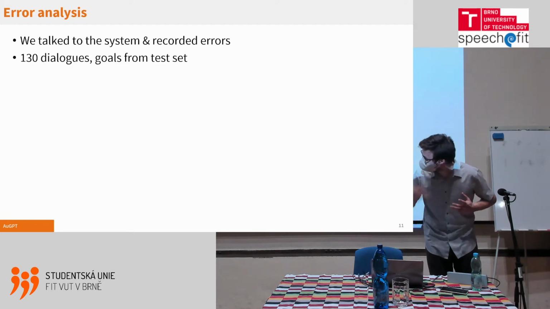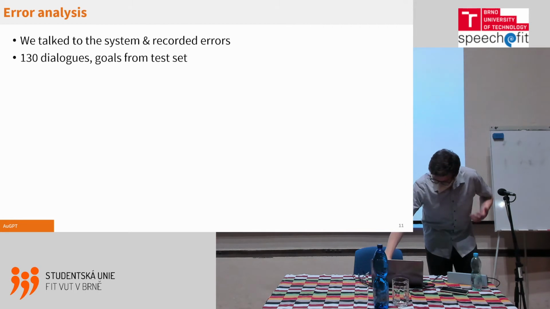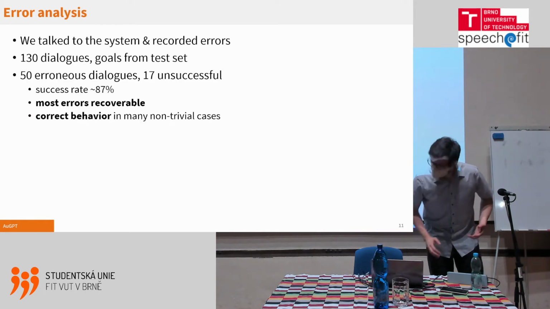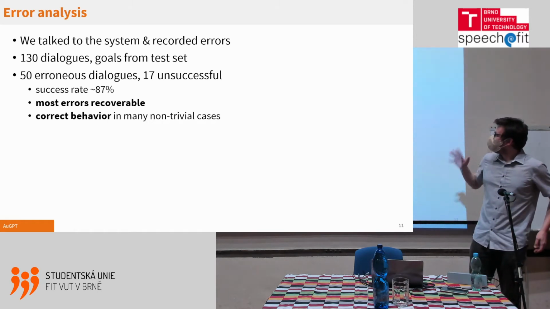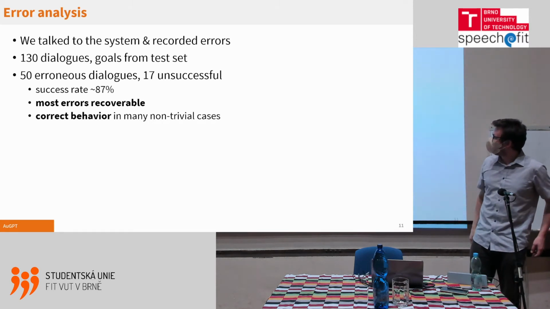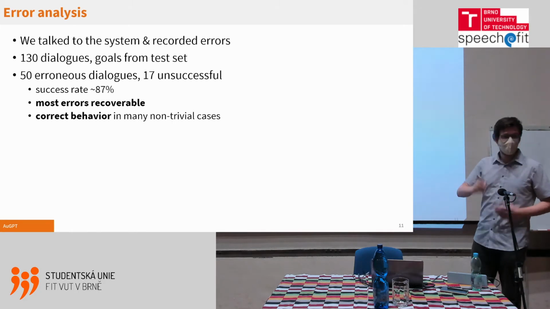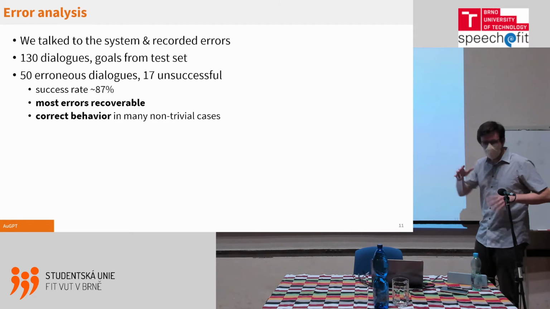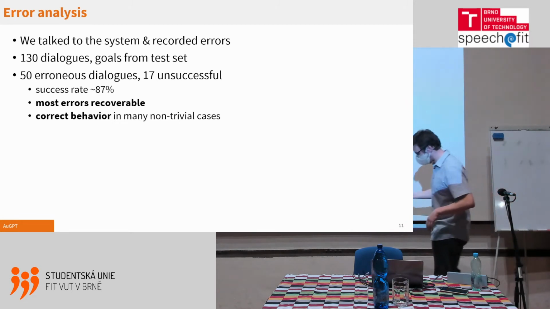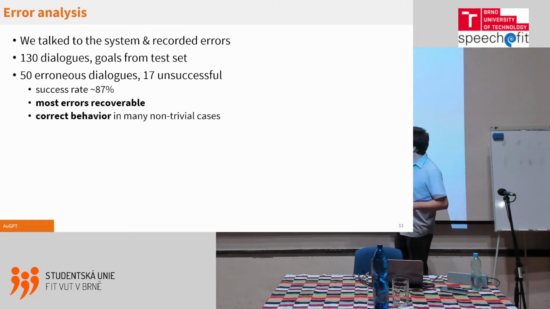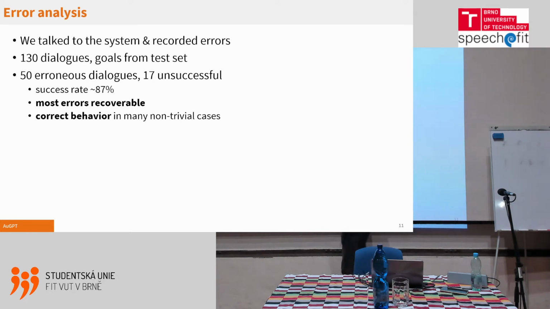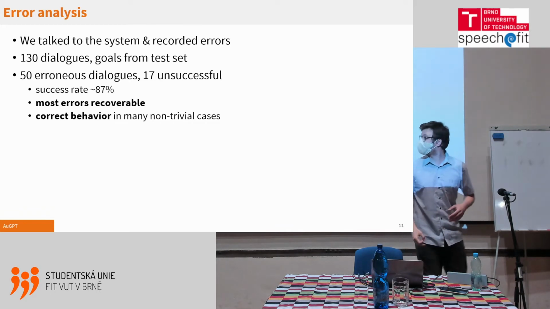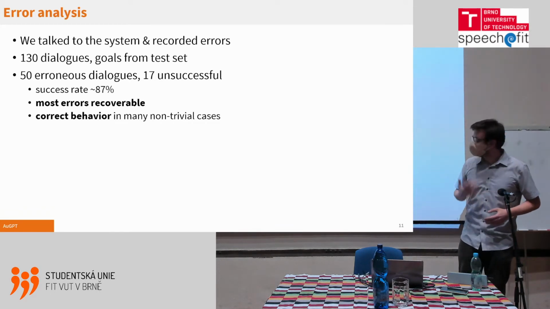Basically, me and my 3 students did 130 dialogues, and we found errors in 50 of them, but only 17 dialogues were actually unsuccessful, where we didn't get what we wanted, because we were highly motivated to try again if we found that the system doesn't make sense. So we mostly tried again. In most cases, we were able to recover from a problem in the dialogue and get to what we were looking for.